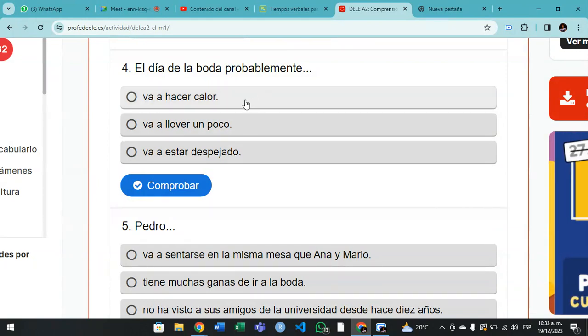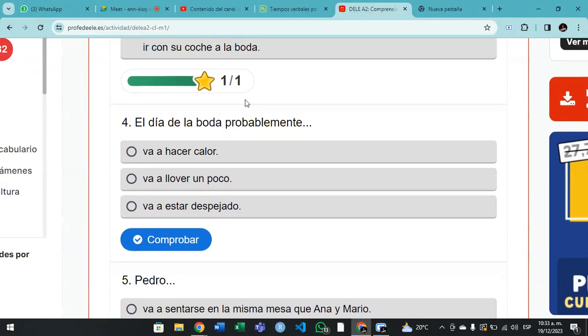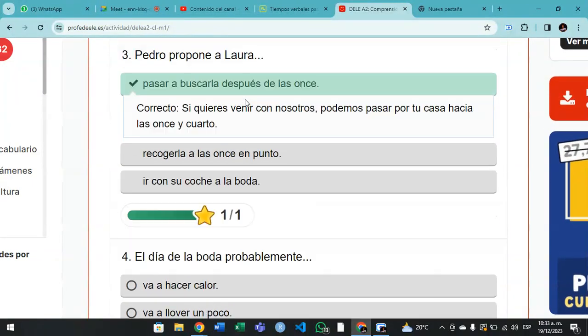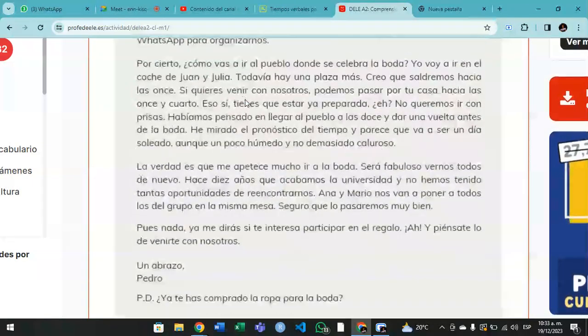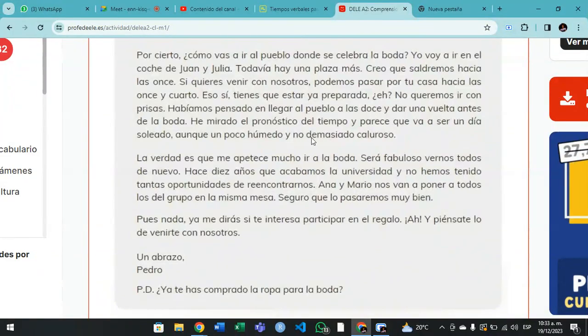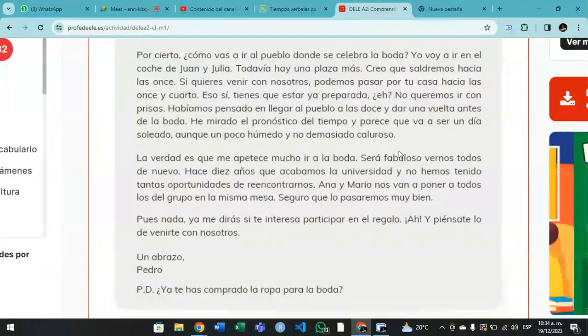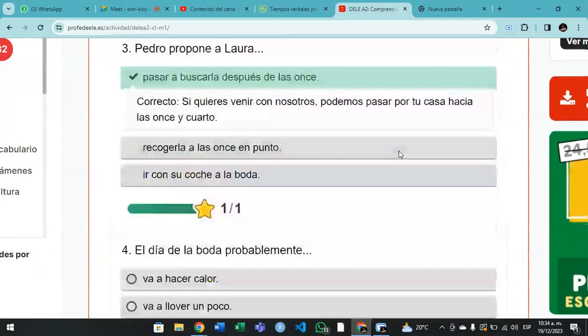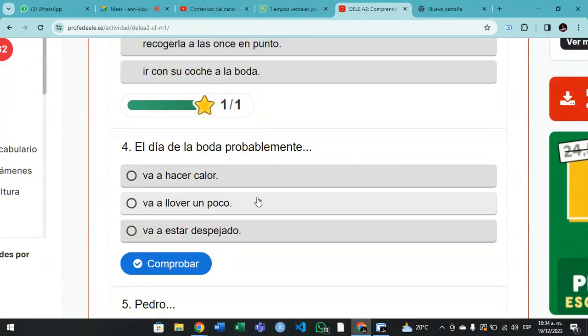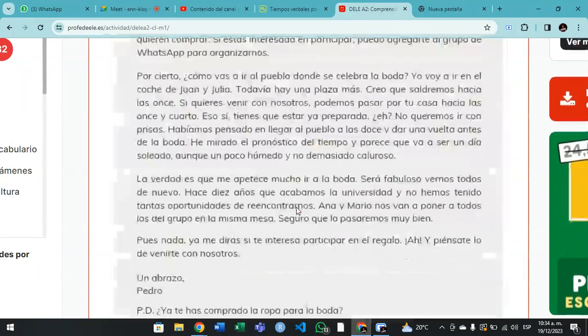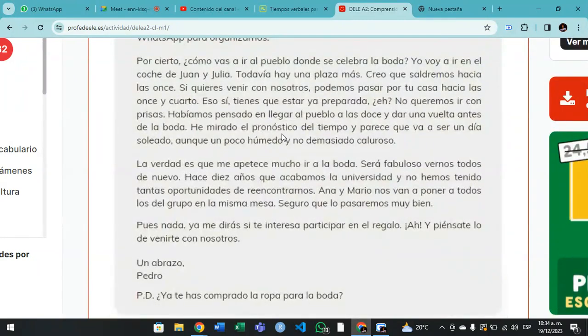Okay, it's not that one, because didn't they say it was going to be hot and humid? No, this says it's not going to be too hot. It's "no demasiado caluroso," like not too hot. So it's not going to be really hot. And in this one, va a llover un poco, the text never says anything about rain.